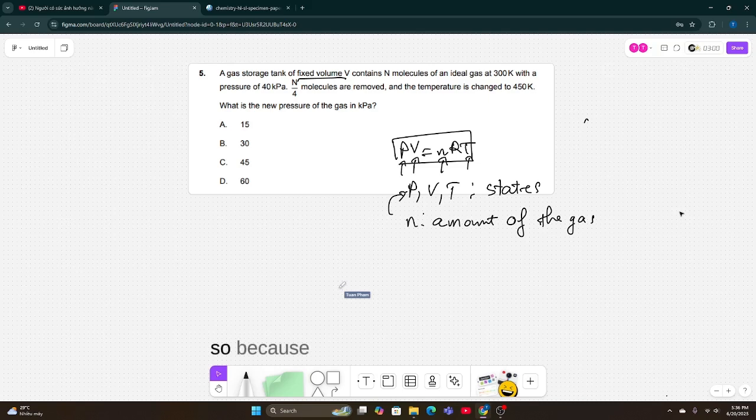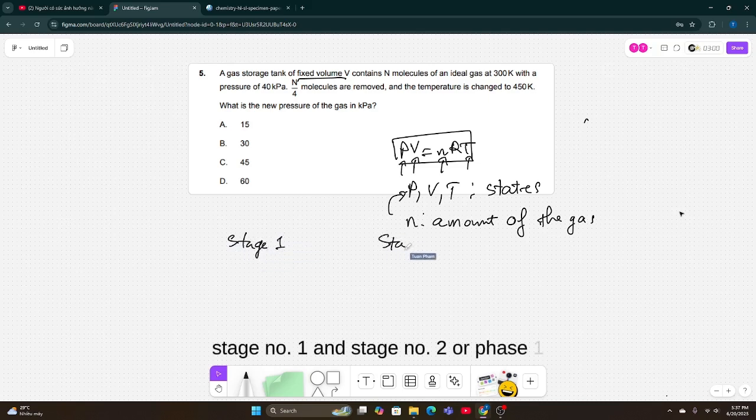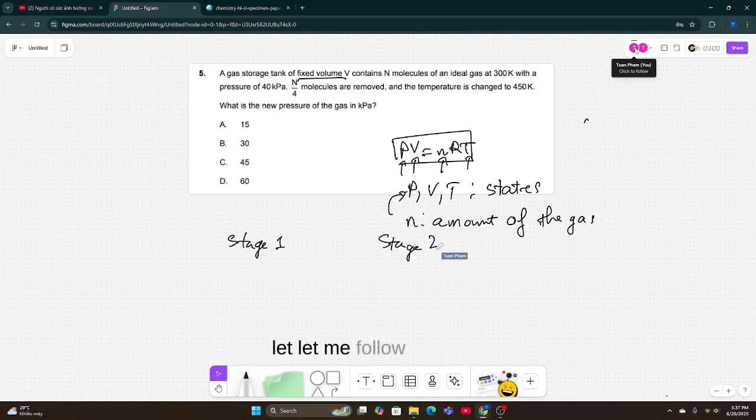Because it describes a process, you have stage number 1 and stage number 2, or phase 1, phase 2, depending on what you want. Follow me.